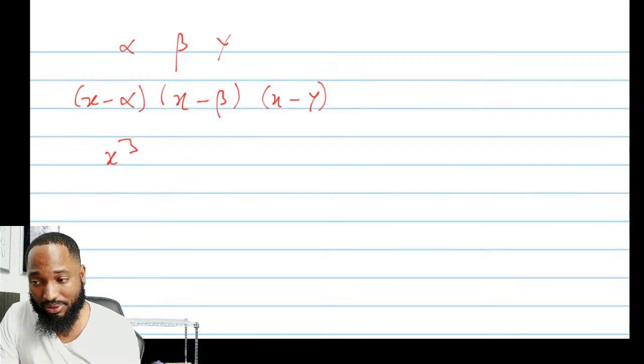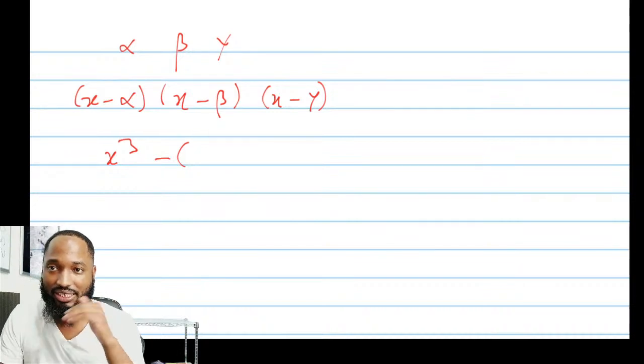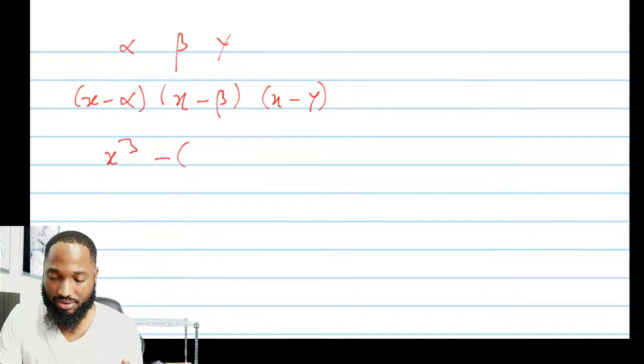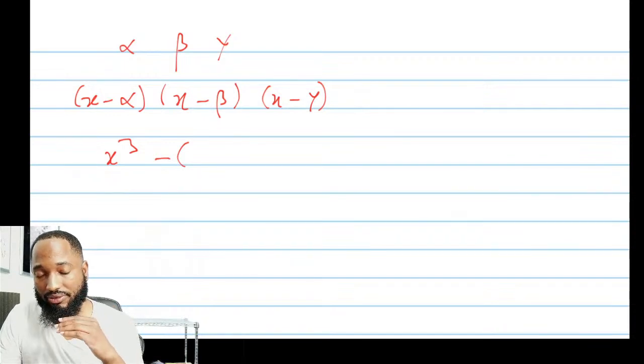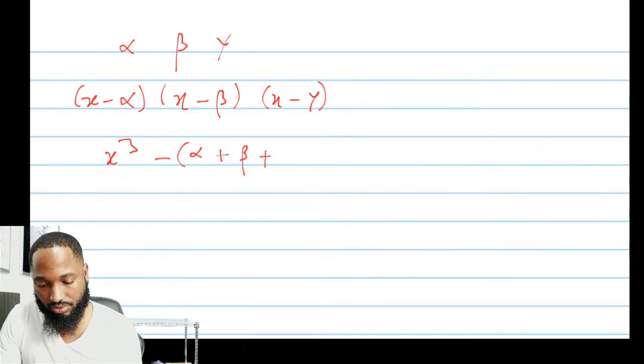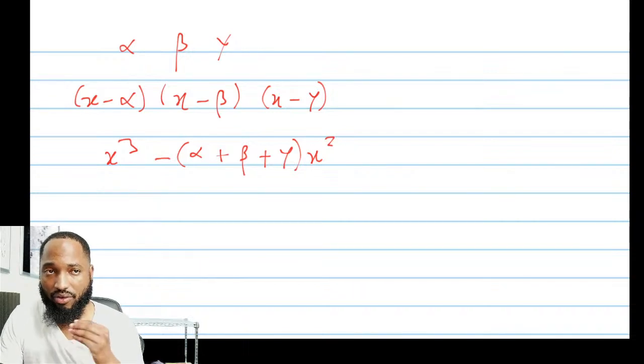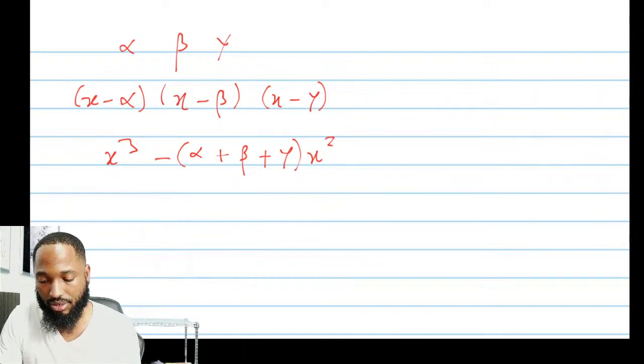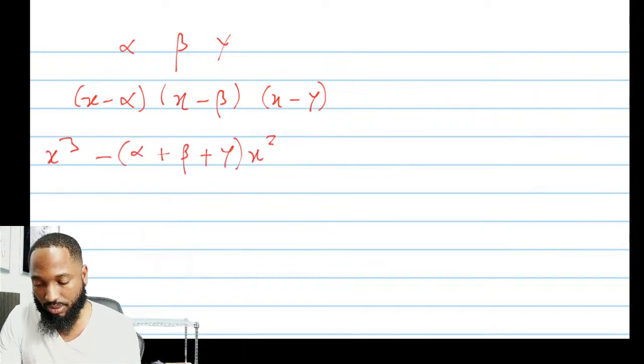You'll end up with the sum of the roots here, in terms of negative: negative alpha, negative beta, negative gamma, x squared. Over here now, you'll end up with the sum of the product of the roots 2 at a time. But it's going to be negative here, so it's going to be positive here.